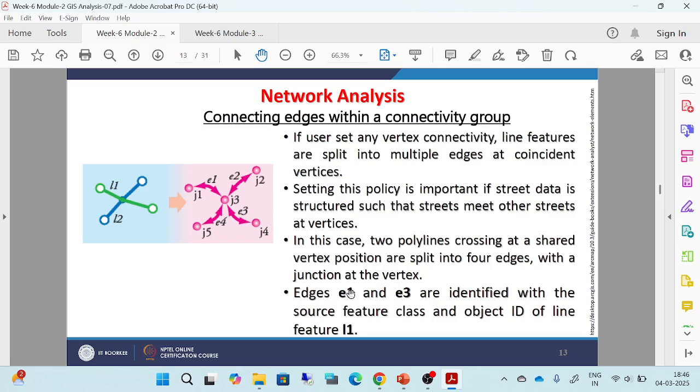Edges E1 and E3, if you take a look at this, are identified with the source feature class and object ID of line feature L1. It's kind of like set and subset in mathematics. The main thing is L1, and E1 and E3 belong to the L1 group, but they are the split form of L1.